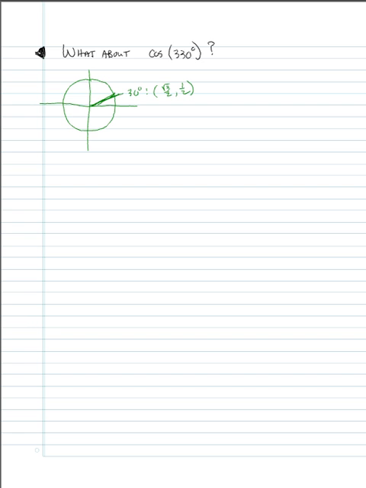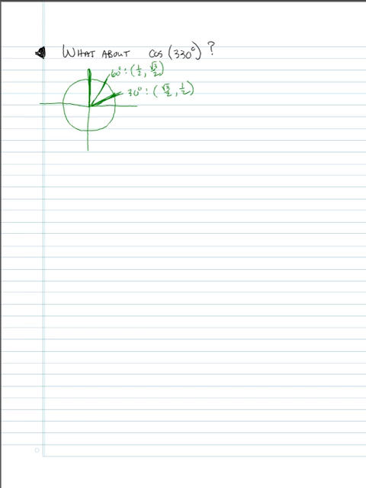Okay, I guess it should be more like this. Now, this is roughly where 60 degrees is. And we know that that point has a first coordinate of 1/2 and a second coordinate of the square root of 3 over 2. And of course, this is where 90 degrees is.